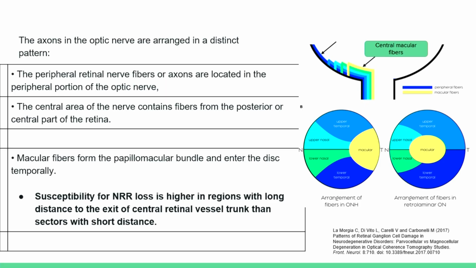They respectively occupy the upper portion and the lower portion of the optic disc, and the nasal fibers enter nasally. So which is most prone for glaucomatous damage? Which are more susceptible? The arcuate fibers, okay, which come from the peripheral retina, are more susceptible to glaucomatous damage. Okay, the last to go is the papillomacular bundle. Okay.